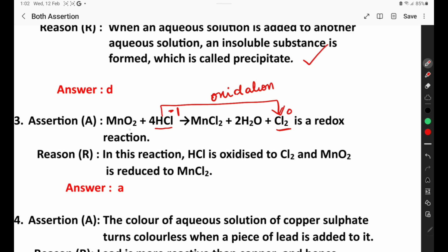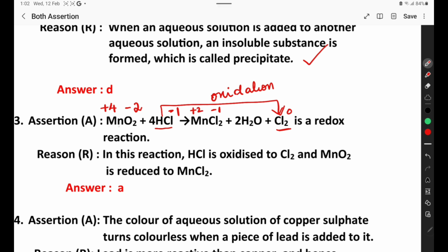Then in MnO2, oxygen we know its valency or oxidation state of oxygen is -2. So 2 oxygen -4, then 1 manganese, it is +4 because manganese dioxide is a neutral compound. In MnCl2, we know the charge of chlorine is -1, 2 chlorine -2, so manganese is in +2 oxidation state.